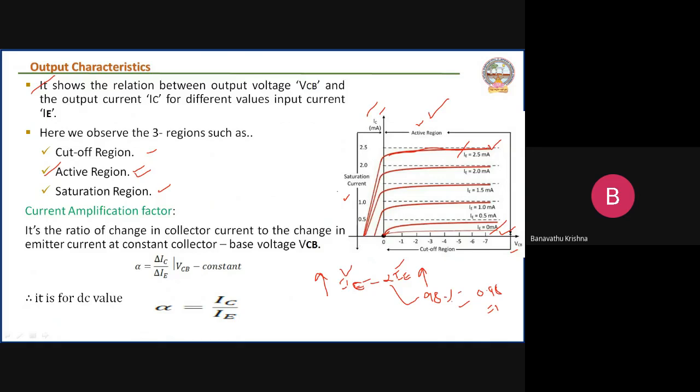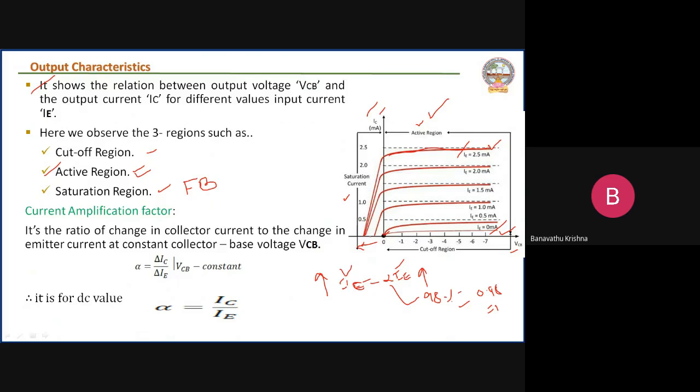Coming to the saturation mode, both junctions, the emitter base junction JE and the collector base junction JC, are in forward bias condition.